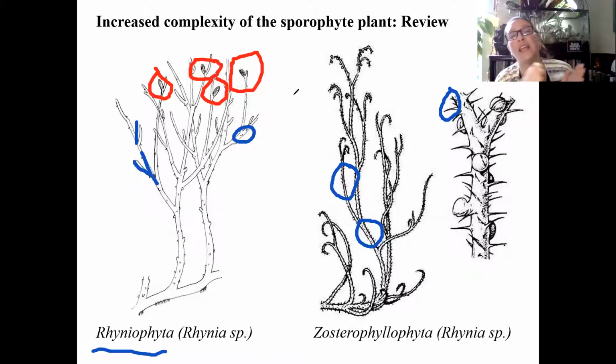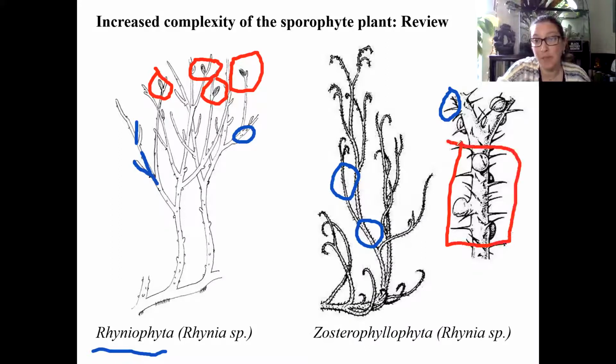Because we went from only equal dichotomy to now unequal dichotomy as well. Two, you have the appearance of these little spikes on the stem, which are called enations, which we did not have before. And three, you eventually end up with sporangia that are on the lateral parts of the stem, no longer just at the tips. Yes, there are some still at the tips.